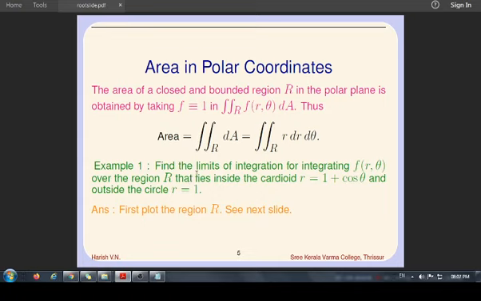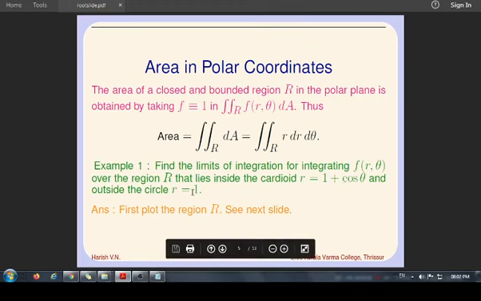First example: you have to find the limits of integration for integrating a given function f of r comma theta, and the region R is given to be lying inside the cardioid r is equal to 1 plus cos theta, and outside the circle r is equal to 1.